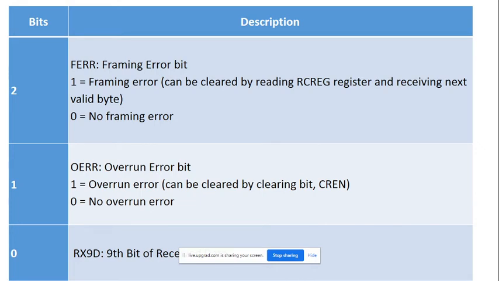Okay, actually one by one data is coming through the RX pin and it is placed into the receive buffer register. The receive buffer register receives all the bits of the package. It removes the start bit and stop bit. 8-bit data is placed into the receive buffer register. Now where to place the ninth bit? The ninth bit is placed at this particular location. Okay, in this fashion, suppose your data is 9-bit data, the ninth bit is located at this location.